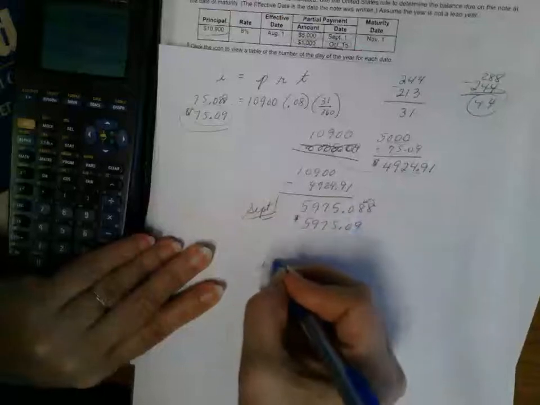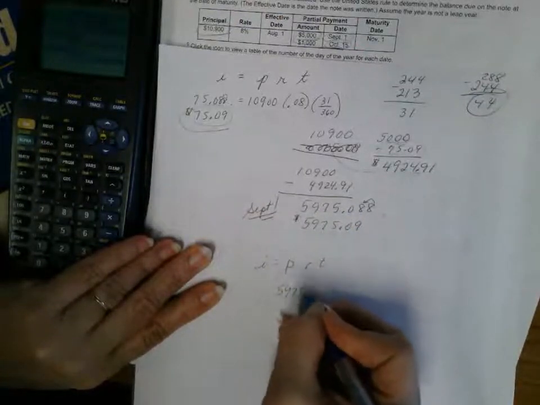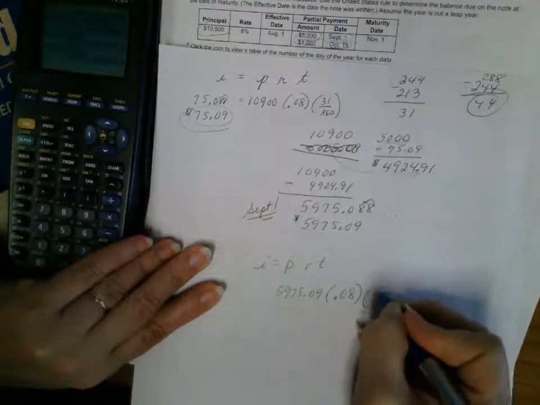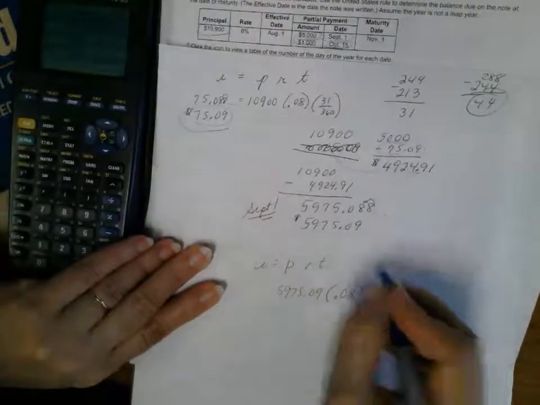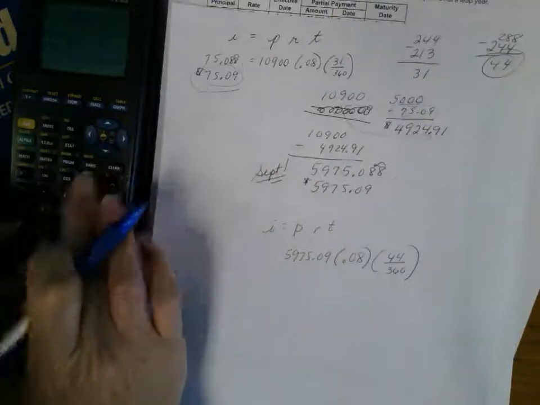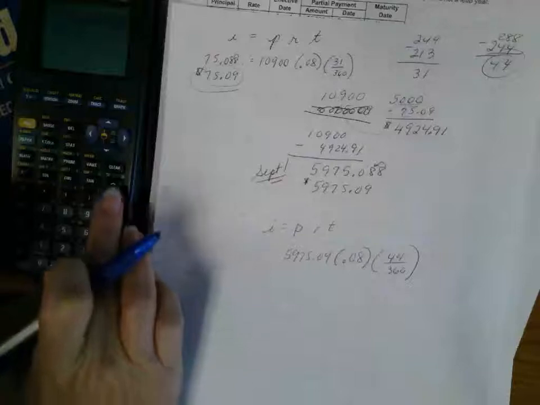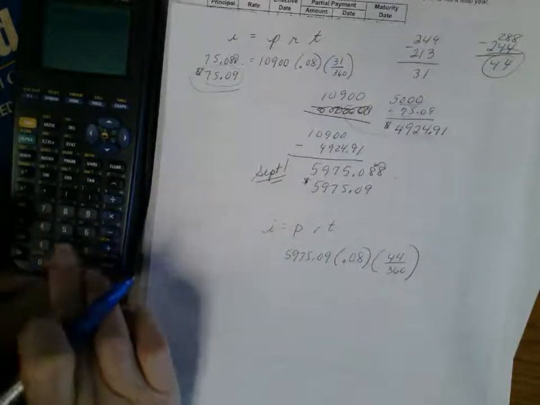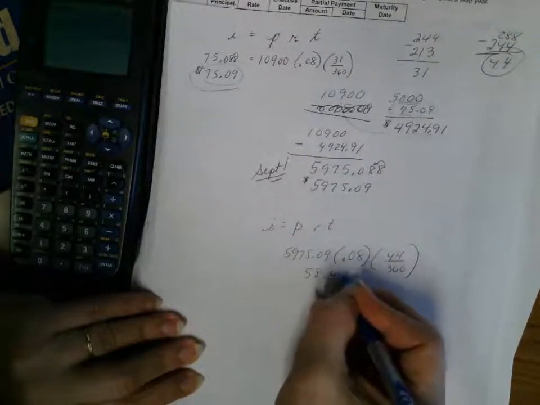Here's my I equals PRT method, and I owe on $5,075.09. The rate is still 8%, and my time is these 44 more days that have passed. And I recalculate. So I type that in my calculator. 44 days. We always divide by the 360 in the days. And that gives me $58.42.